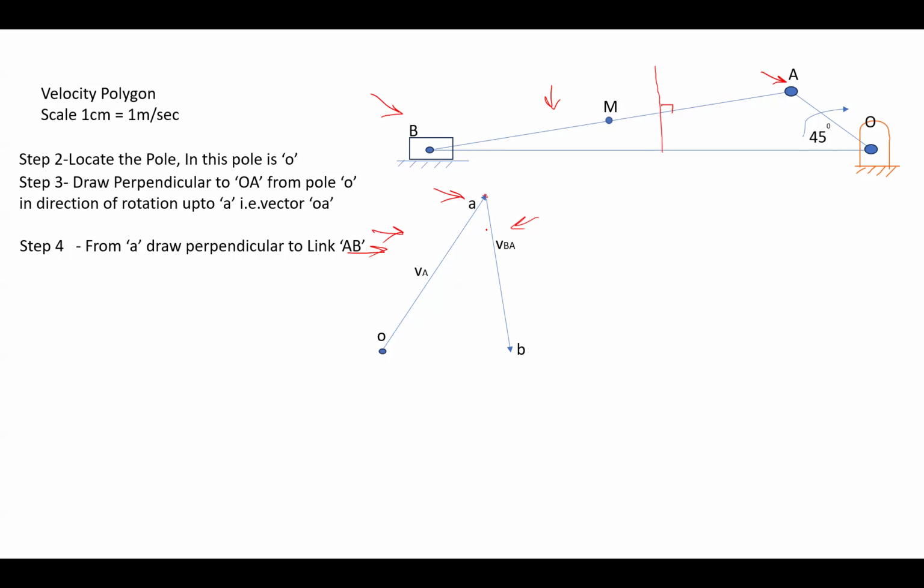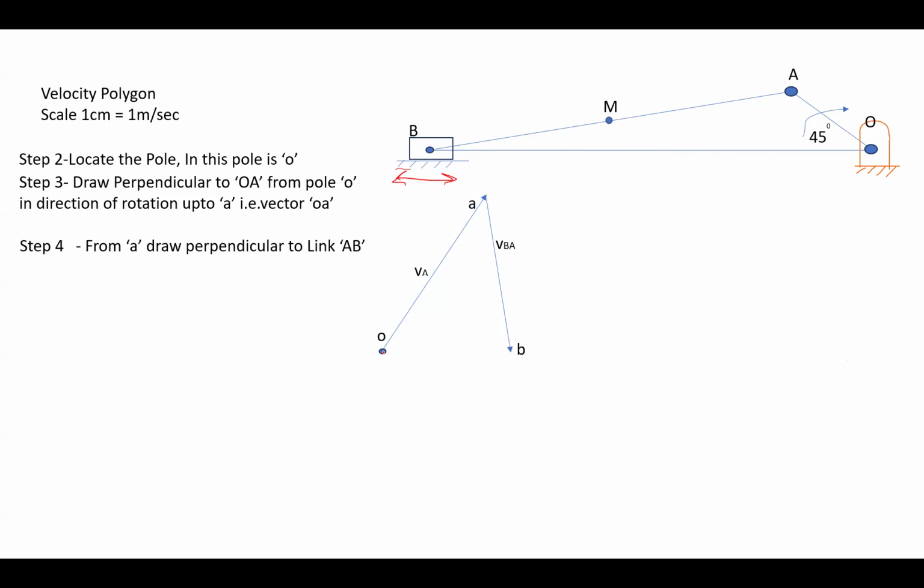So after completing the velocity vector of BA link or AB link, next link is a slider B. Now velocity vector for slider B is a line drawn parallel with the line of stroke. What is the line of stroke of slider? It is horizontal. So the velocity vector for slider is drawn from the pole.